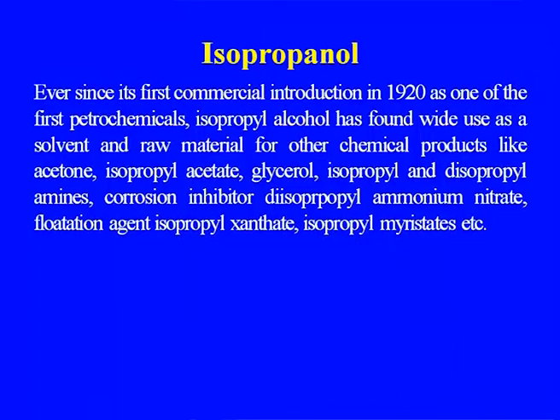Ever since its first commercial introduction in 1920 as one of the first petrochemicals, isopropyl alcohol has found wide use as a solvent and a raw material for other chemical products like acetone, isopropyl acetate, glycerol, isopropyl and diisopropyl amines, corrosion inhibitor, diisopropyl ammonium nitrate, flotation agent, isopropyl hexanate and isopropyl myristate. So these are some of the broad range of products that we are getting from isopropanol.